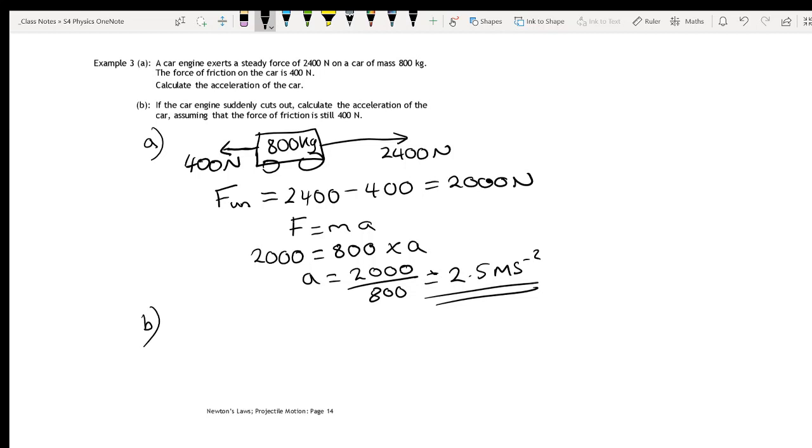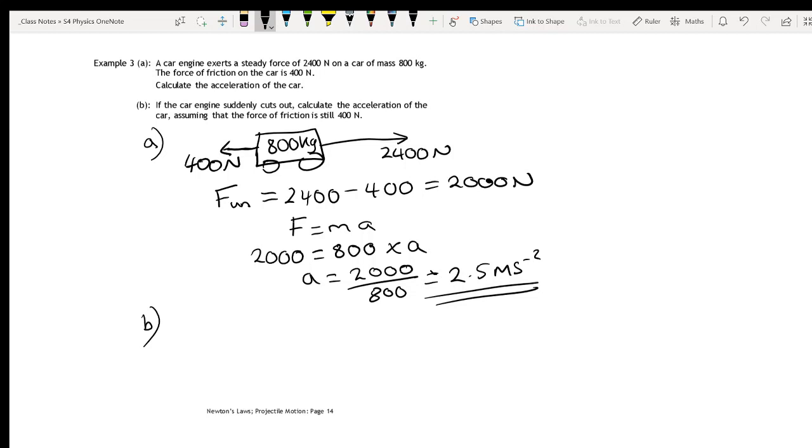So if the forces were split and the 400 was that, it would still be the same, yeah, but it would be going in the other direction. The only different answer you come across is if they're both acting in the same direction, then you'd have to add them. Yeah.